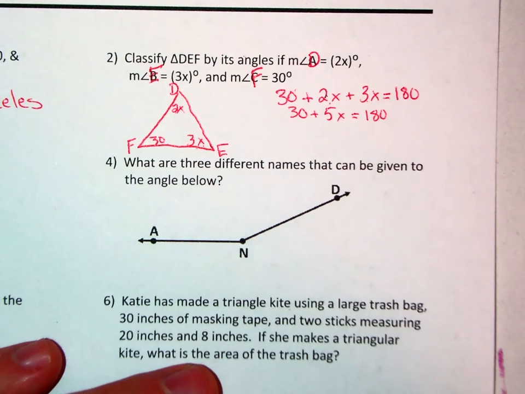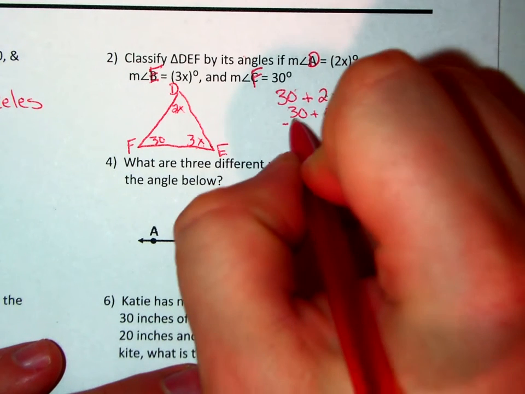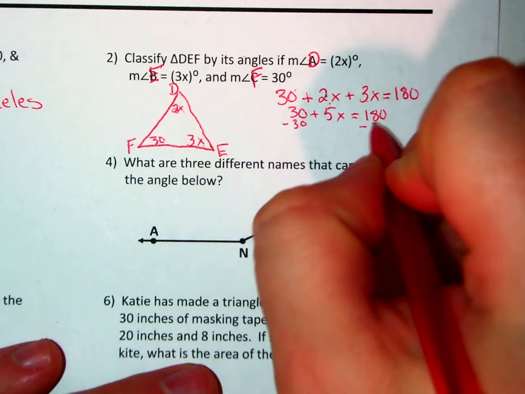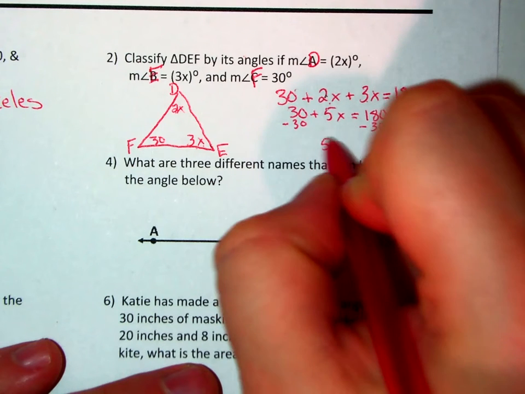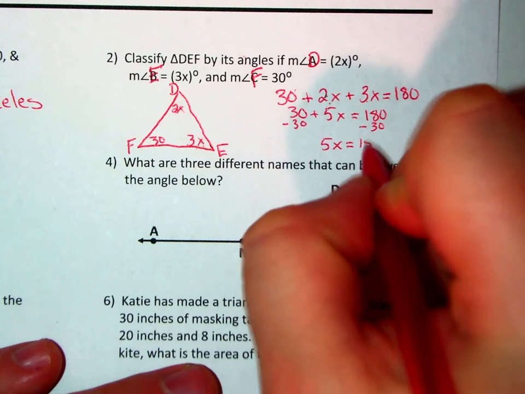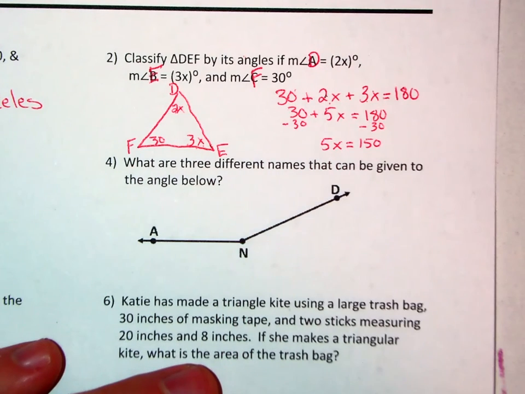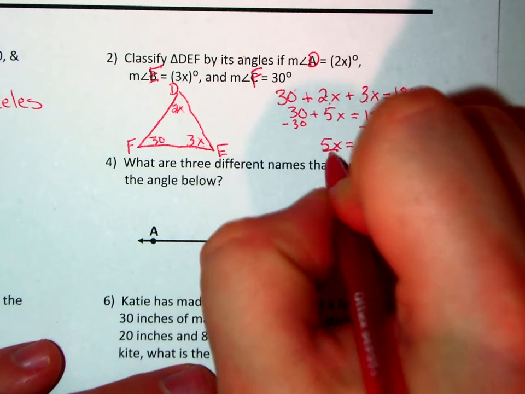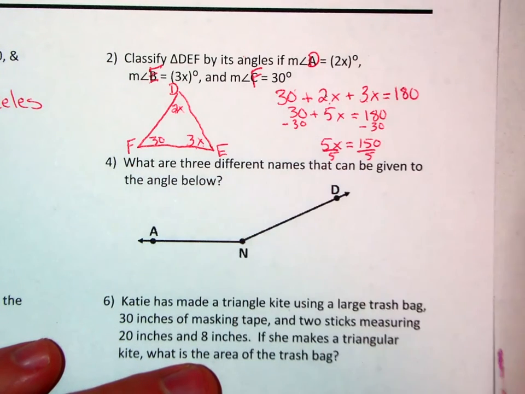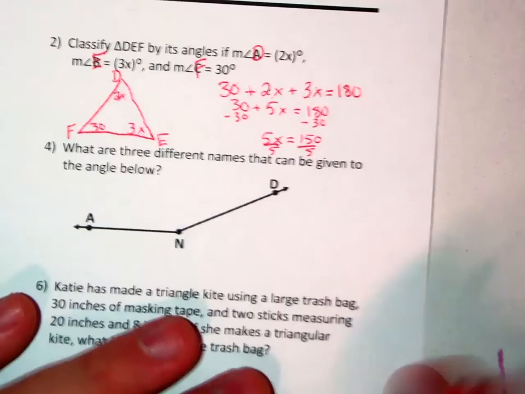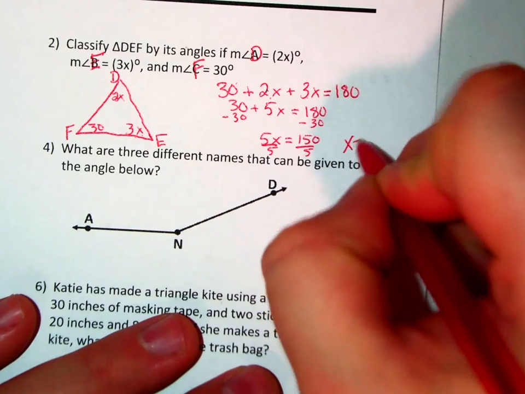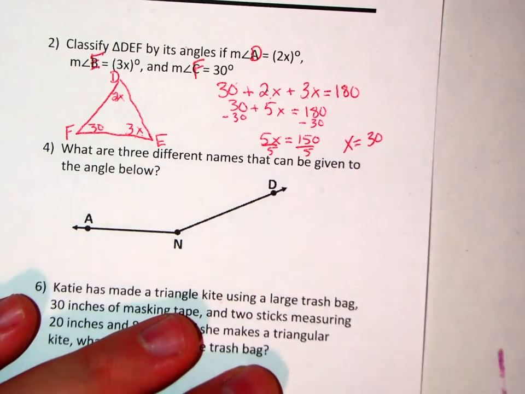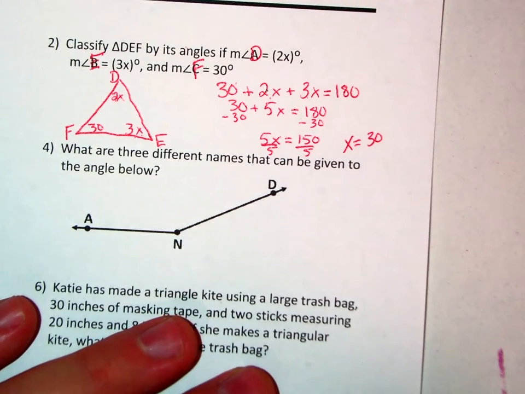Next, we're going to follow our reverse order of operations, so I will subtract 30 from both sides and come up with 5x equals 150. Finally, I will divide both sides by 5, and we will determine that x is equal to 30. Now, 30 is not a degree. 30 is a value for x.